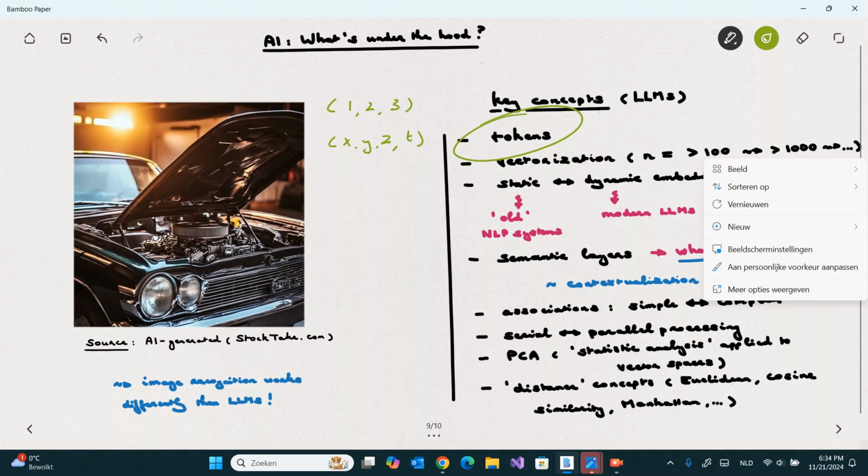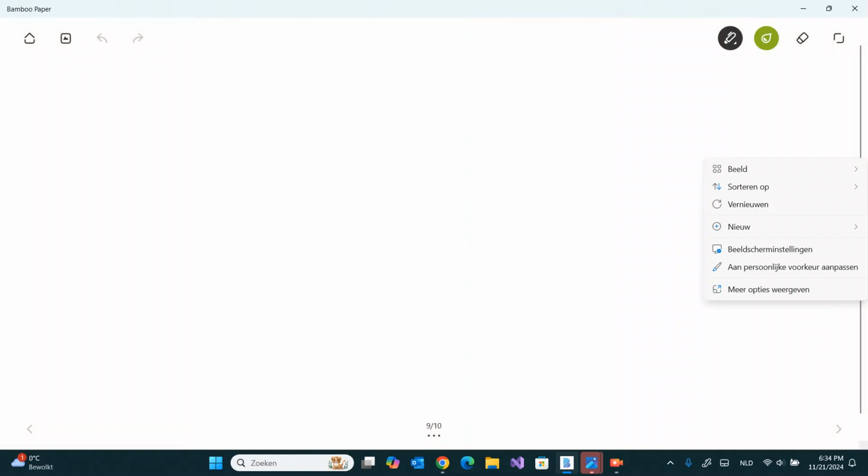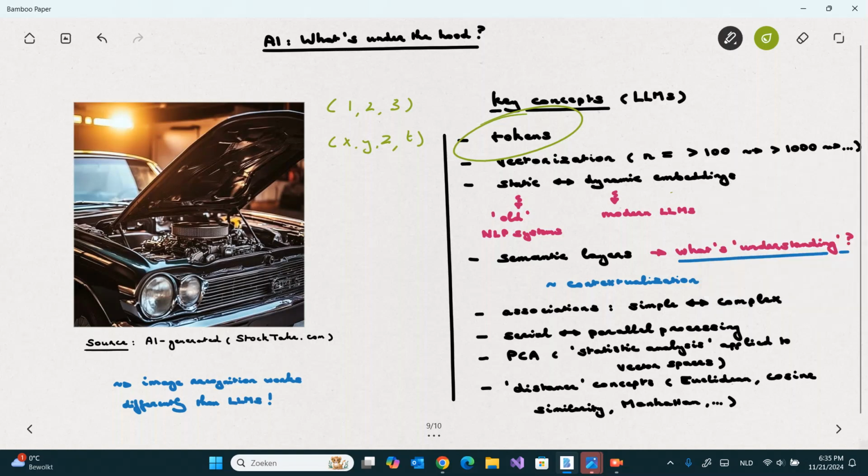But these are the bridge, I would say, under this very high-level conceptualization that Max Tegmark does. What I'm trying to do here is, if you understand these concepts of tokens and how they are vectorized, of how these are embedded in a vector space, static or dynamically.